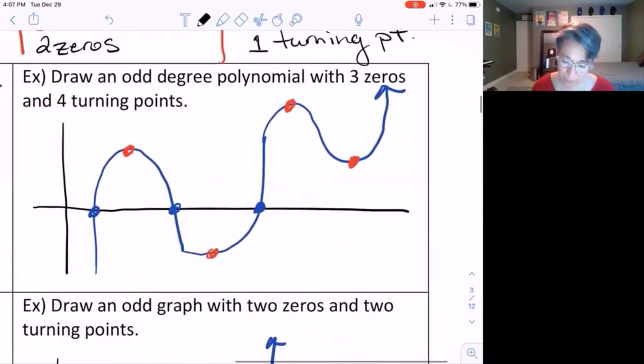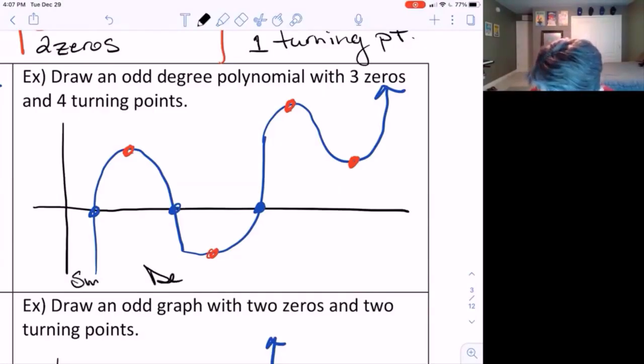For this next example, we have 3 zeros, but 4 turning points. So if there are 4 turning points, remember our polynomials have n-1 turning points. So the smallest degree would be 5.